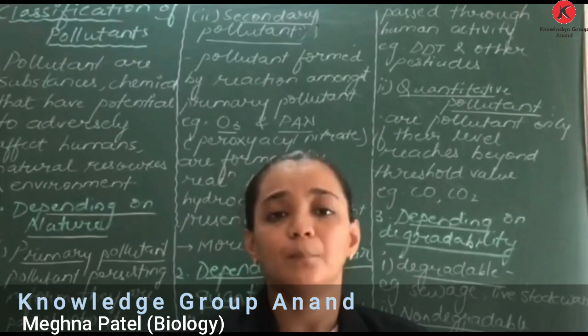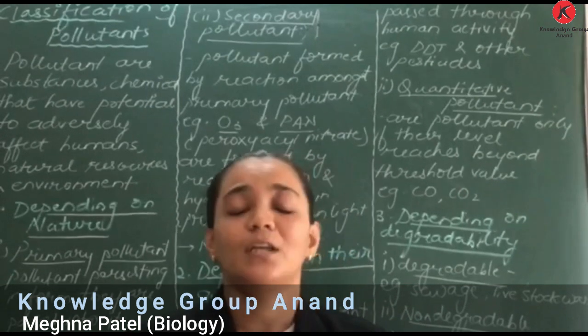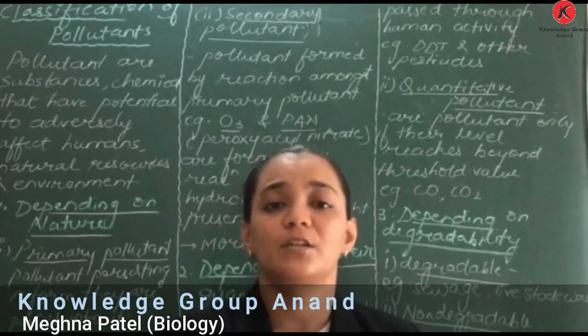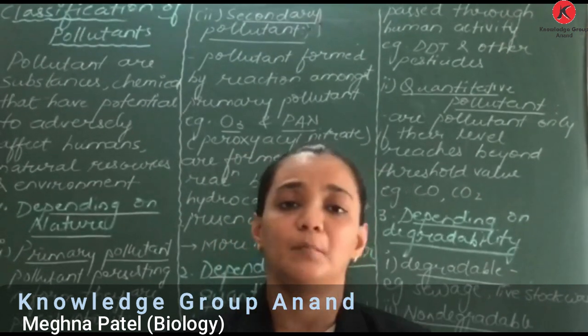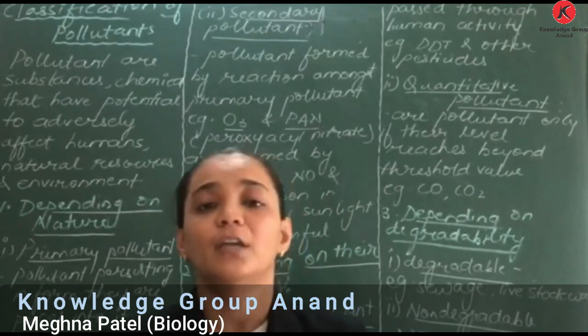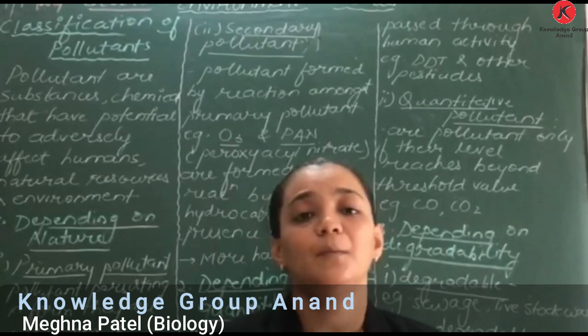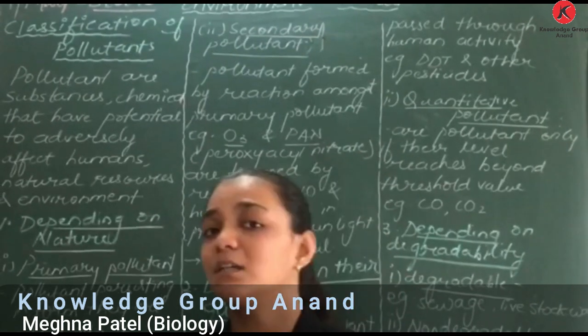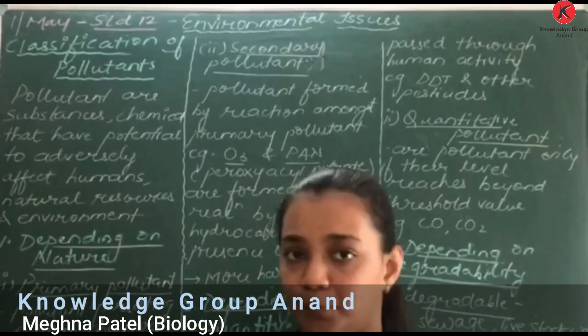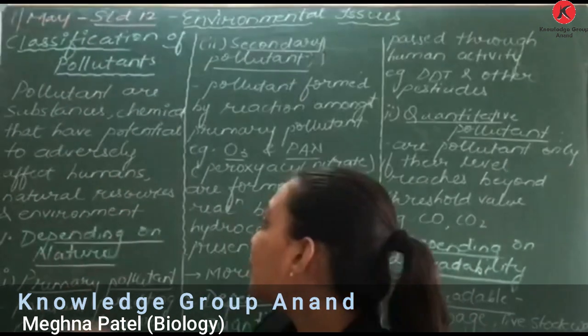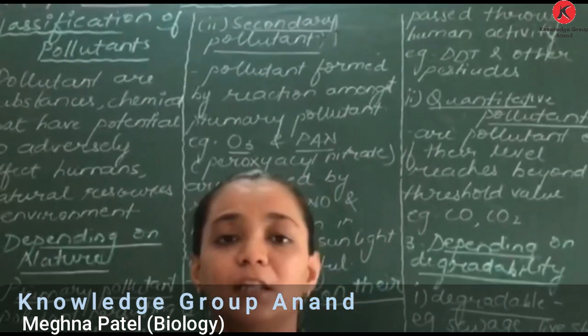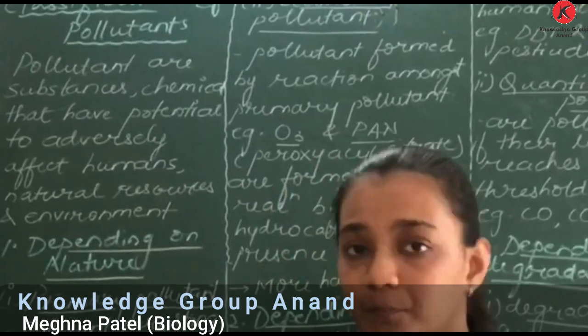Pollution can be of air, of water, or even of land. So first of all we are going to discuss the classification of pollutants, that is, the types of pollutants which cause pollution.